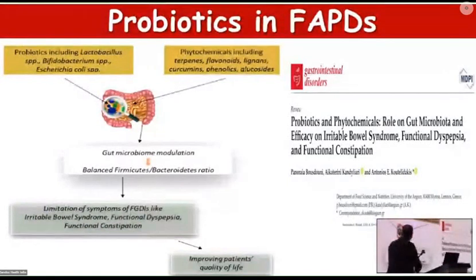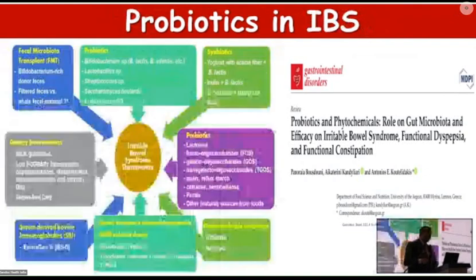This will lead to gut microbiome modulation and a balanced firmicutes to bacteroidetes ratio, and this will lead to limitation of symptoms in painful functional gastrointestinal disorders like IBS and functional dyspepsia, and this improved the quality of life.